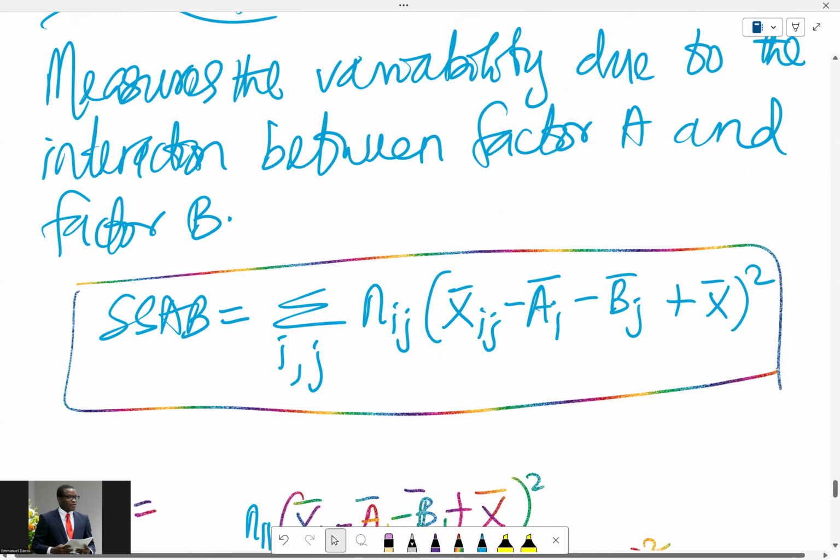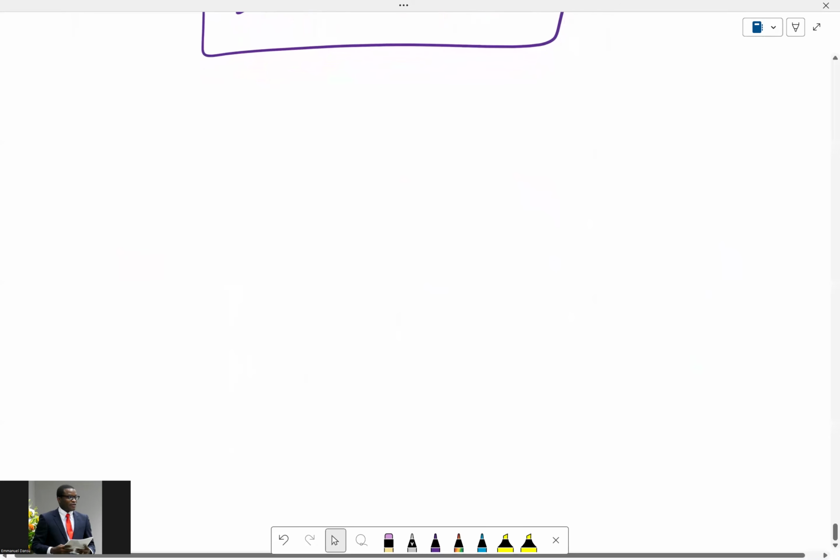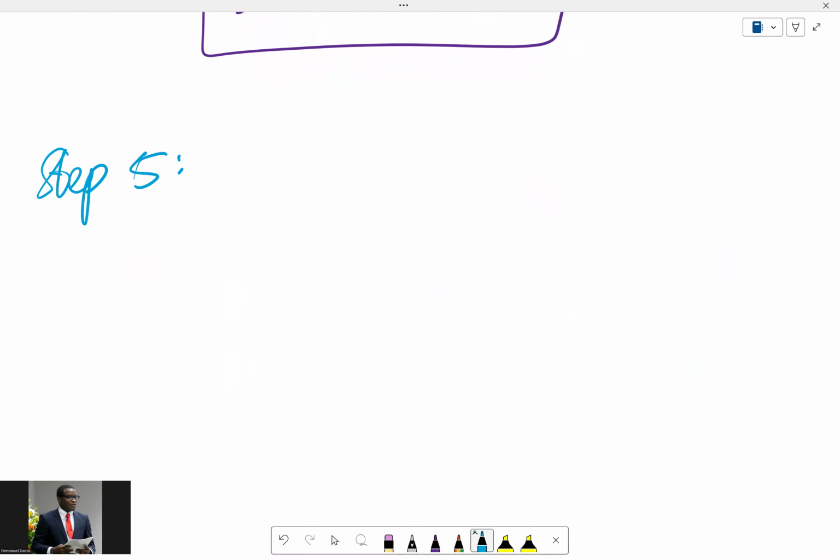So now we go to step 5. What does step 5 entail? Let's see that. Now we need the mean squares? Okay, I think we still need one kind of sum of squares though.